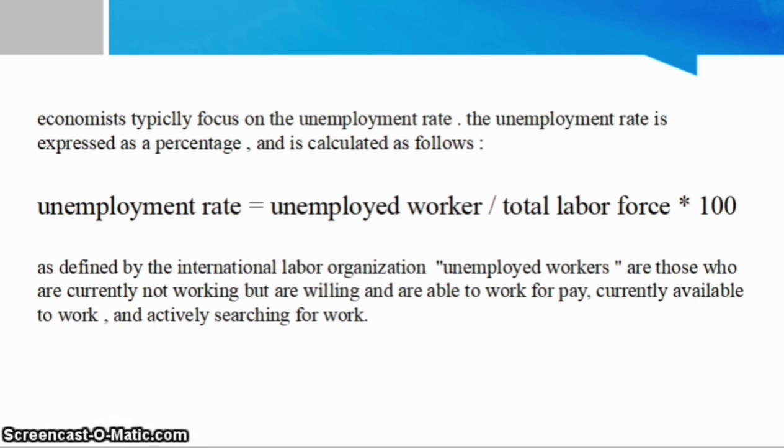As defined by the International Labour Organization, unemployed workers are those who are currently not working but are willing and able to work for pay, currently available to work, and actively searching for work.